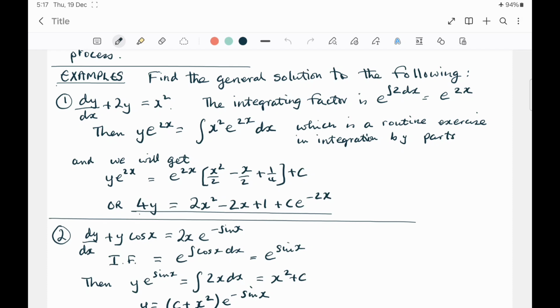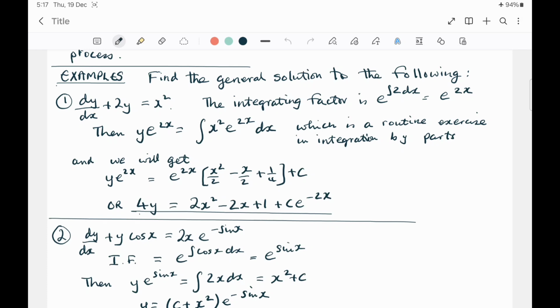dy/dx plus 2y equals x squared. Now the integrating factor will be e to the integral of 2 dx, which is e to the power 2x. And then our solution will be y e to the 2x equals the integral of x squared e to the 2x dx.